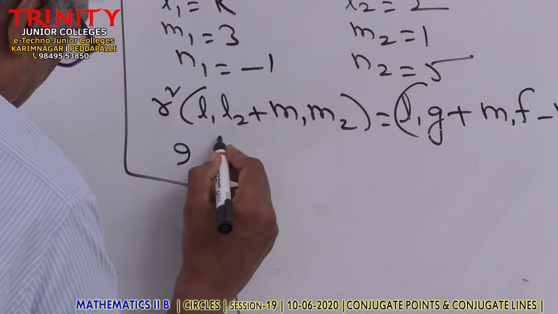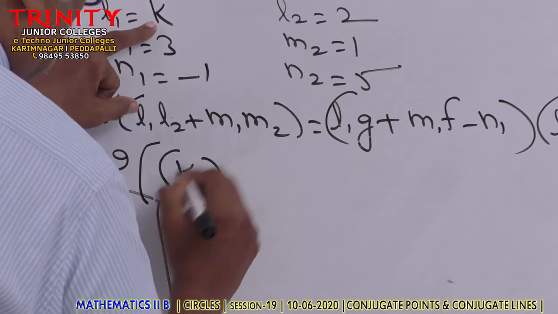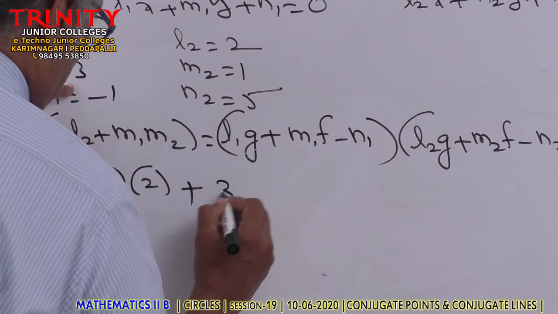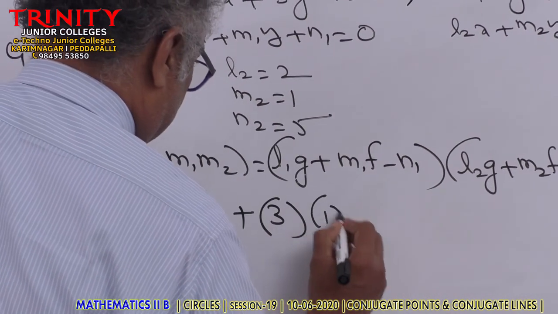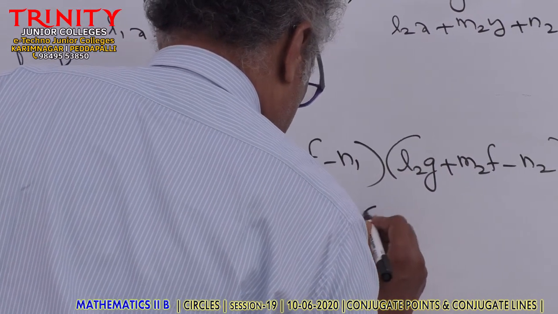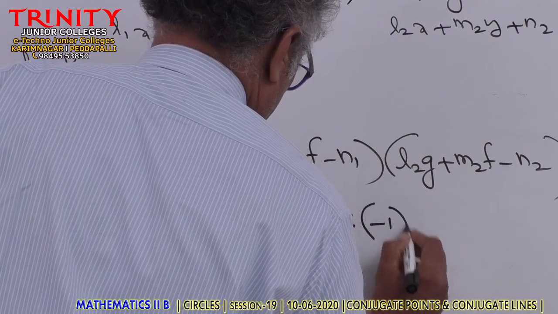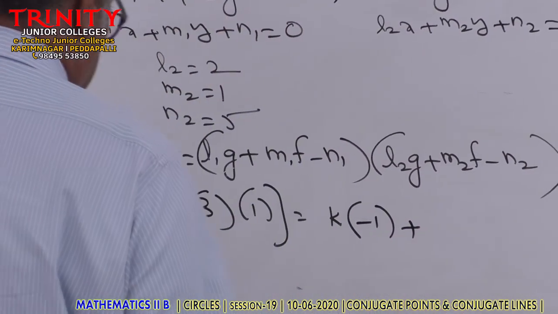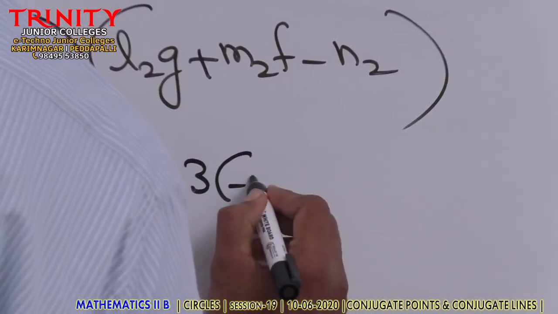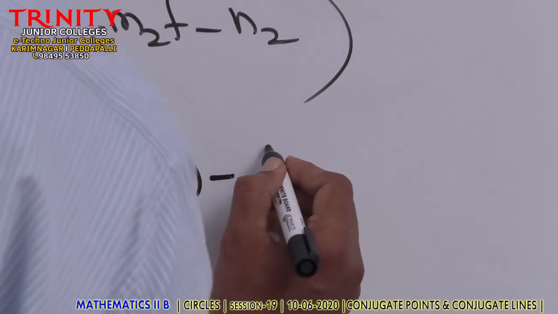That is 9 into L1 k, L2 2 plus M1 3, M2 1. Okay. L1 k, g, value of g is minus 1, plus M1 3, f minus 2... minus N1, minus 1.